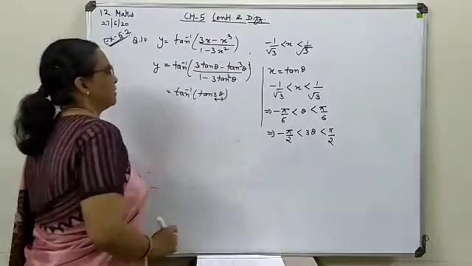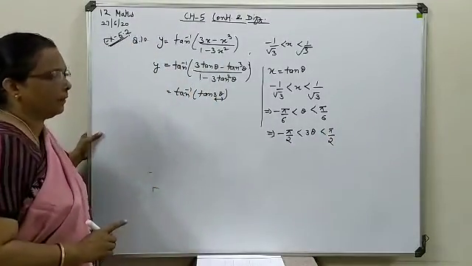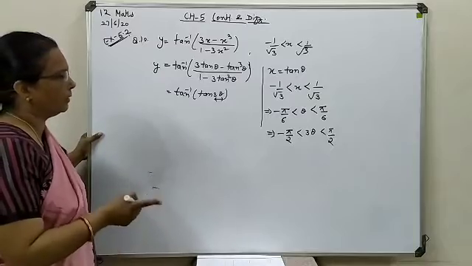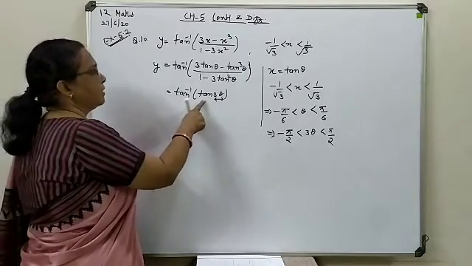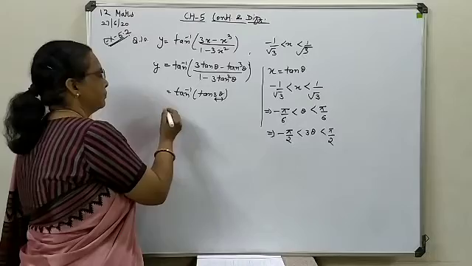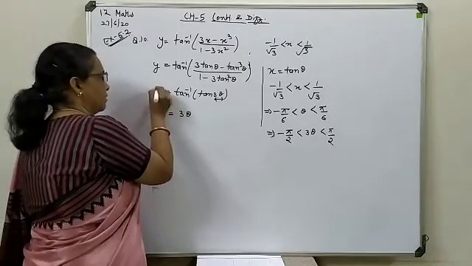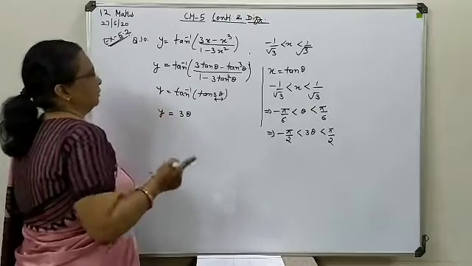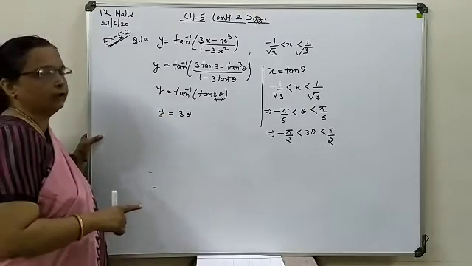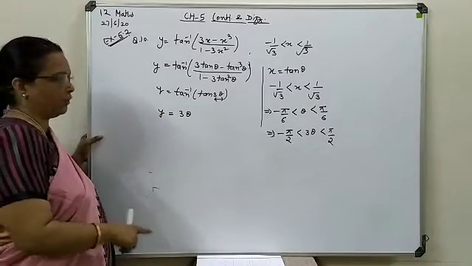Here you can see this is the range for the tan inverse form. So directly this tan inverse you can apply to the tangent inside. So here 3 theta will be separated out. Now your main purpose is to find the differentiability of the given function.